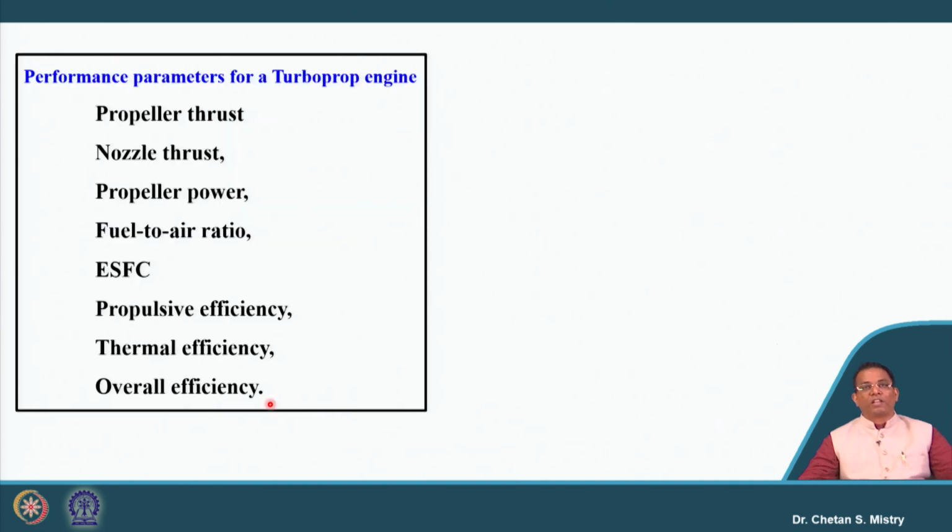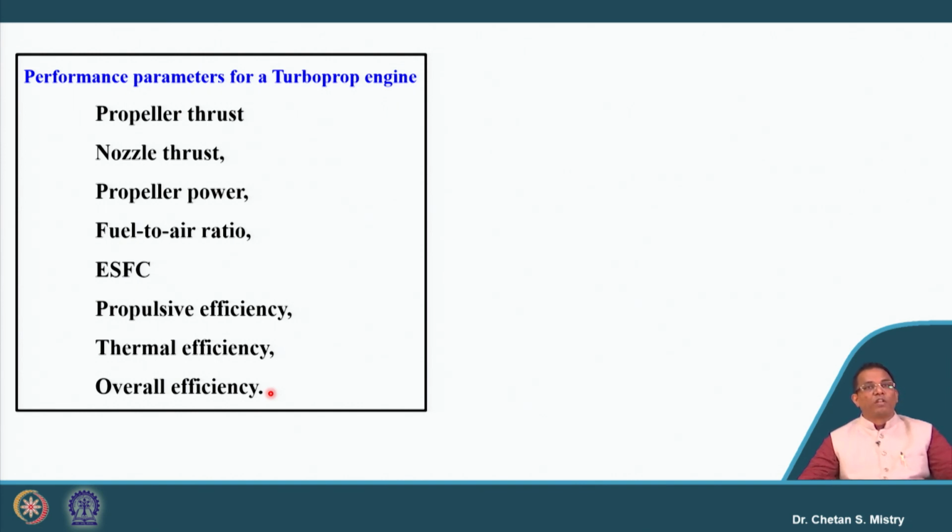Now let's look at what we were discussing earlier: what are the performance parameters and what parameters they depend on. For a turboprop engine, important parameters are propeller thrust, nozzle thrust, propeller power, fuel air ratio, equivalent specific fuel consumption, propulsive efficiency, thermal efficiency, overall efficiency.